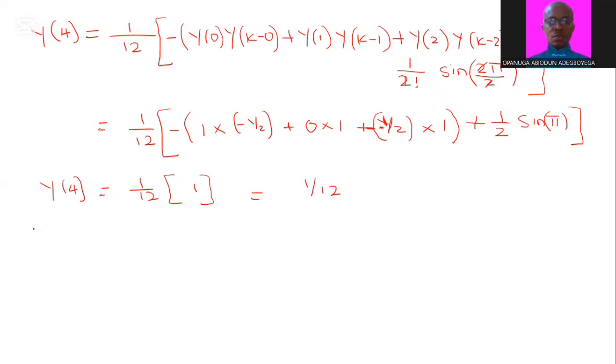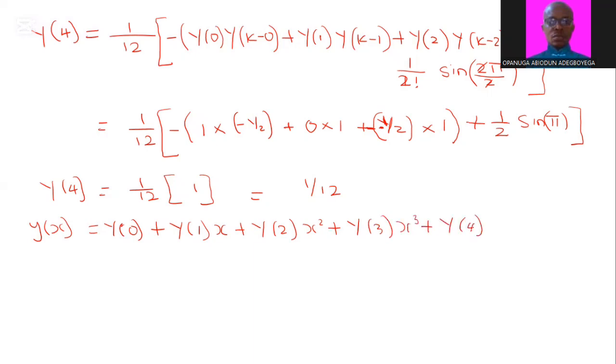Now, collating all the terms, we do it this way. We say y of 0 plus y of 1 x plus y of 2 x squared plus y of 3 x raised to 3 plus y of 4 x raised to 4, and so on.